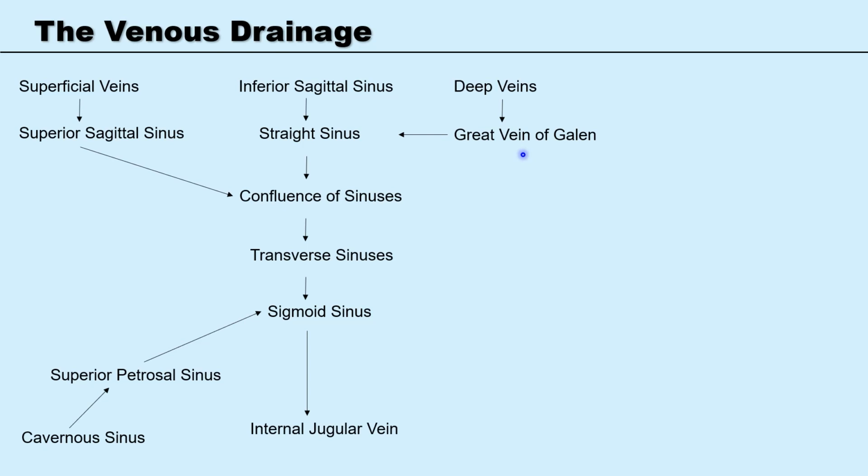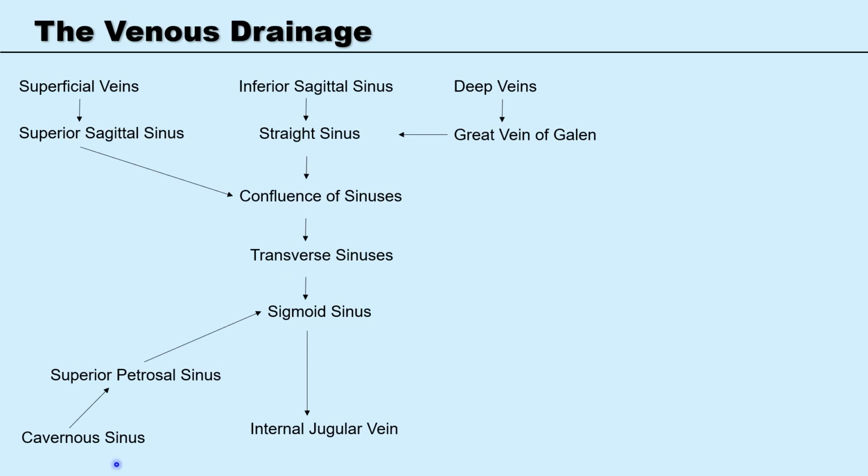The inferior sagittal sinus drains into the straight sinus with the great vein of Galen. The superior sagittal sinus and the straight sinus drain into the confluence of sinuses, which then drains into the transverse sinuses.